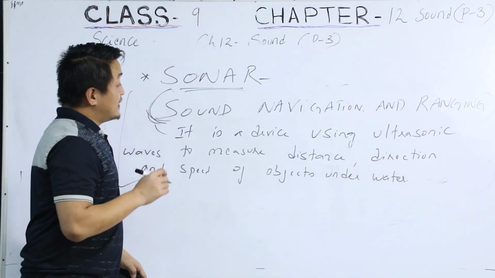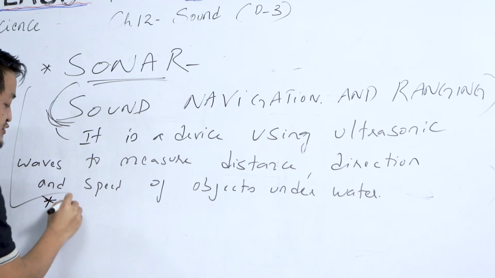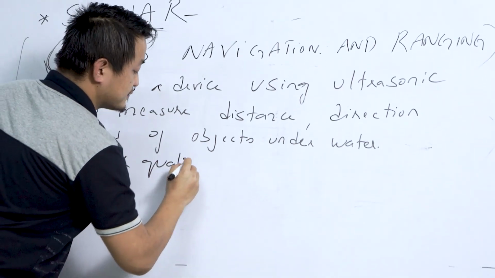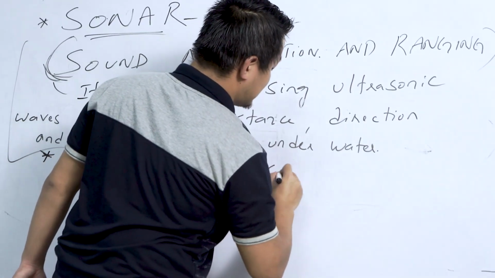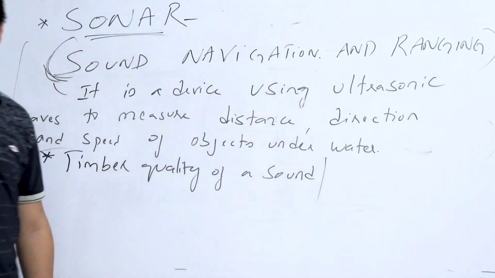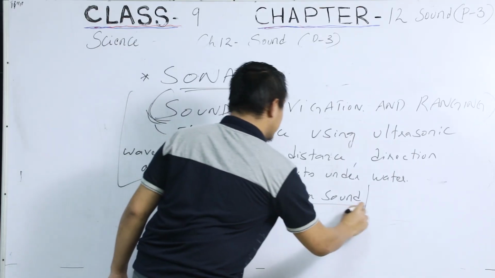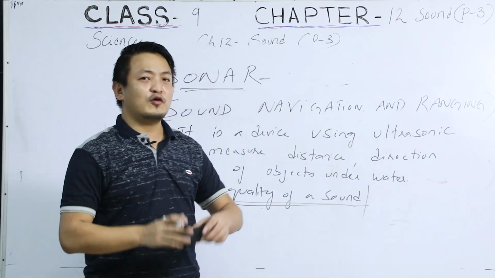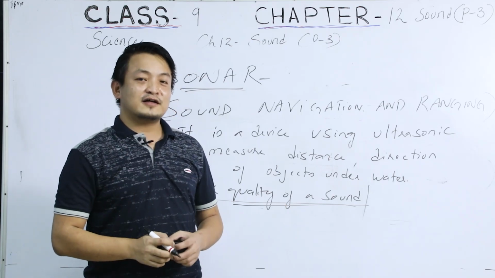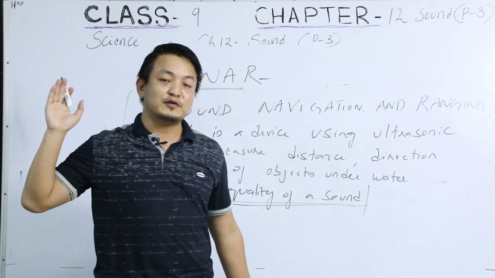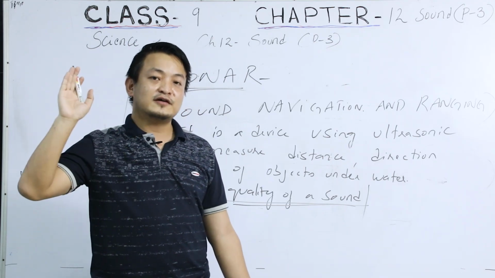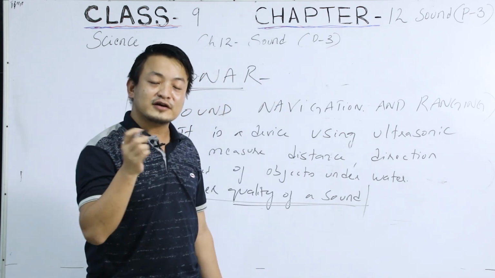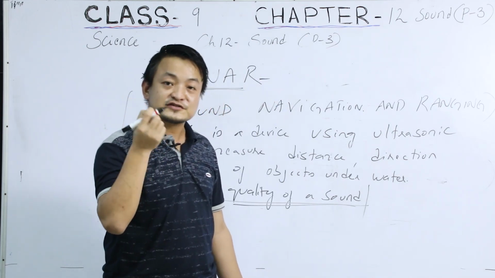Okay students, the next topic is timbre, the quality of a sound. Now students, you have many friends, and all your friends have different voices, right? If your friend is calling you from the other room, you are able to identify your friend just by recognizing his voice.